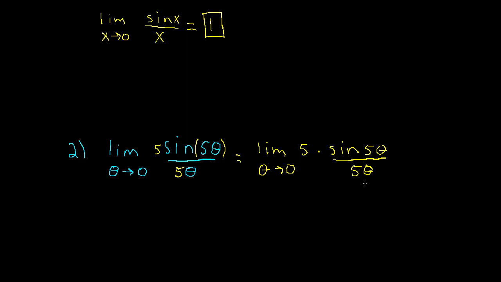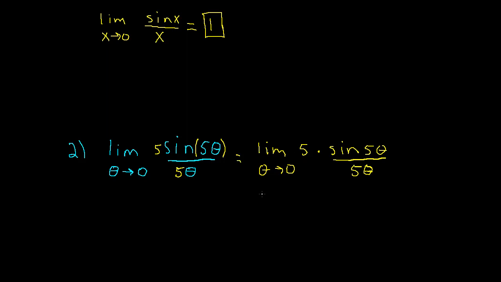Well, in prior examples we learned how to evaluate a limit of a product of two functions, and really this is just a constant, so you can use some other properties and just pull that constant out. Or you could just remember that taking the limit of a constant is just the constant itself.